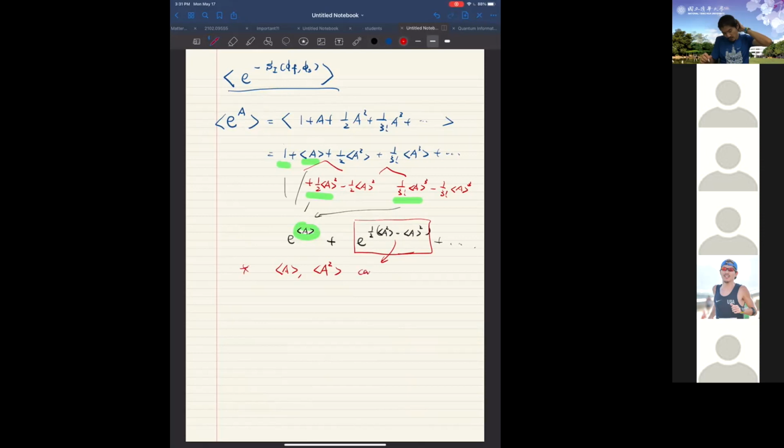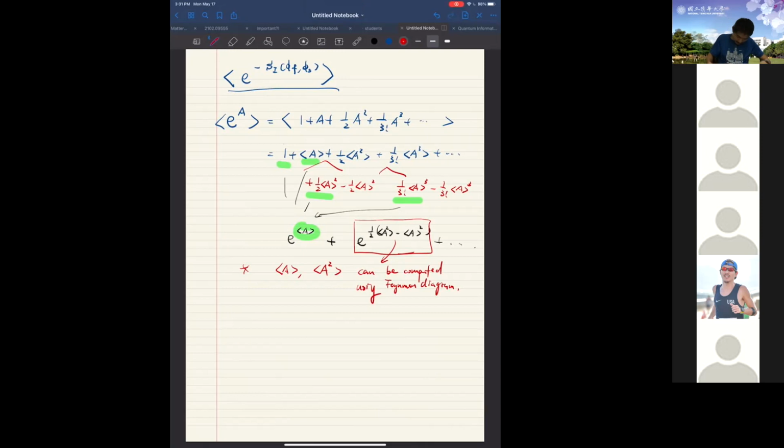This can be computed directly, or I should not say directly, it can be computed using a Feynman diagram, which is a perturbative calculation, but you can compute it. Okay, so this part is okay, right?